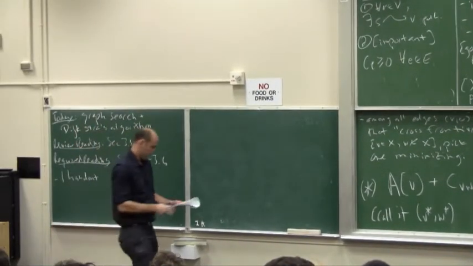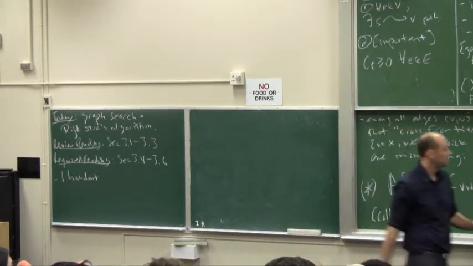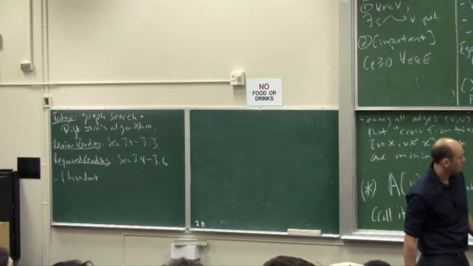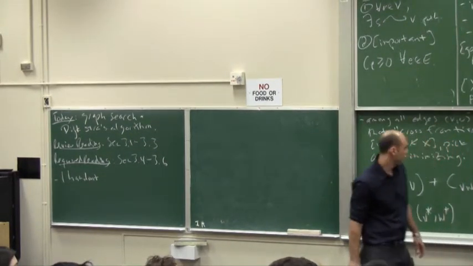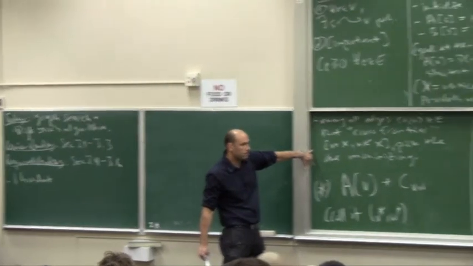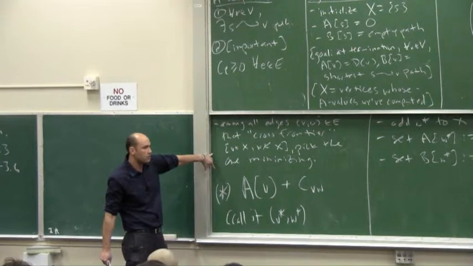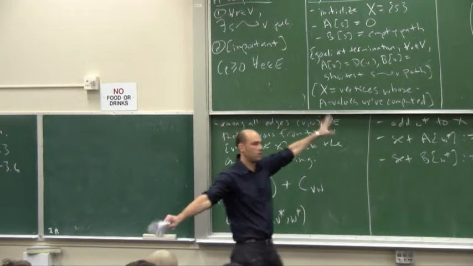How do you explain the last step? How do you know that A of Y plus CYZ is bigger than A of V star? That's a good question, by the definition of the algorithm. We said, look at all the edges that cross the frontier right now.